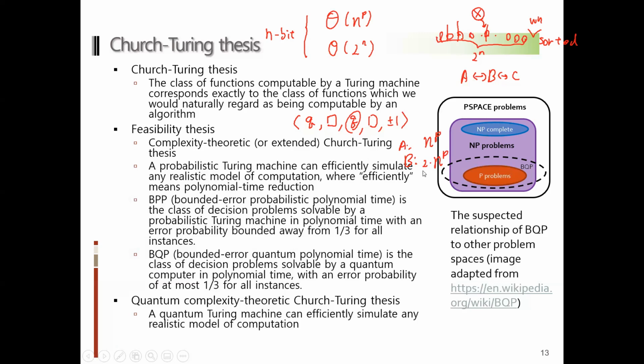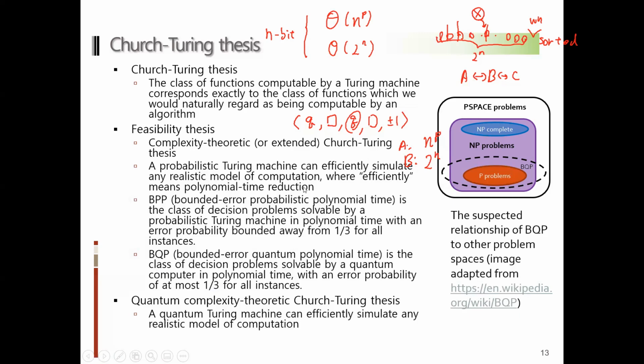In this case, we can say that B can efficiently simulate computation model A. However, if it takes 2 to the n to simulate machine A using machine B, then machine B cannot efficiently simulate A. So that's what we mean by efficiently.